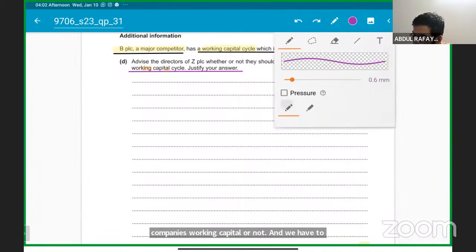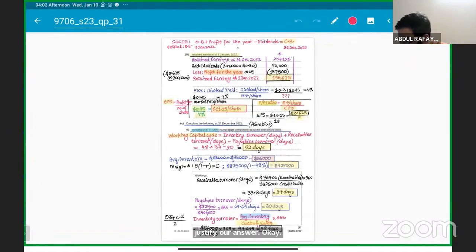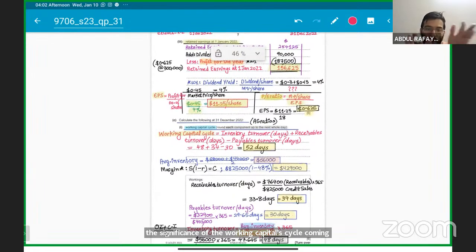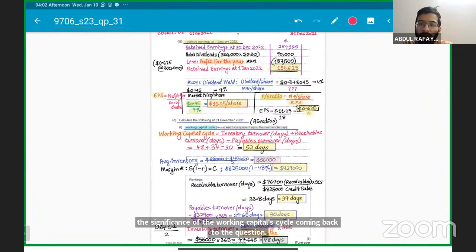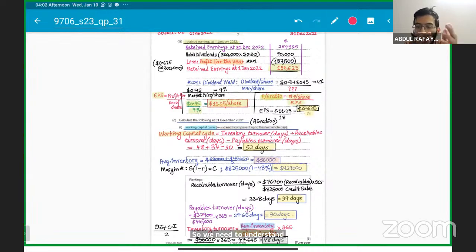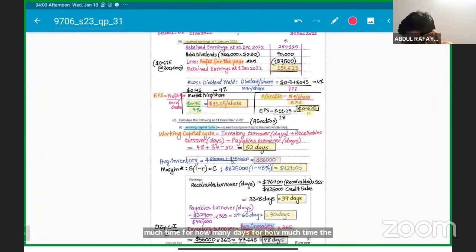First, students need to understand the significance of the working capital cycle. The working capital cycle tells us for how many days the company's money, the company's funds, are tied up.